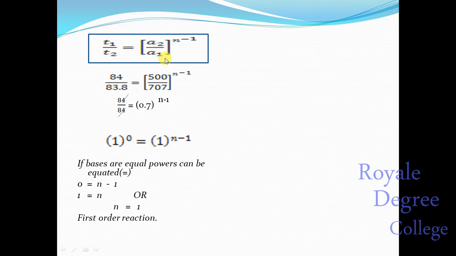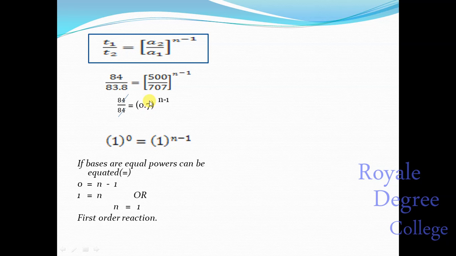Substituting the values, 84 divided by 83.8 is equal to 500 divided by 707 to the power n minus 1. 84 divided by 83.8, as a round figure, we take as 1. Dividing 500 by 707 we get about 0.7, to the power n minus 1.